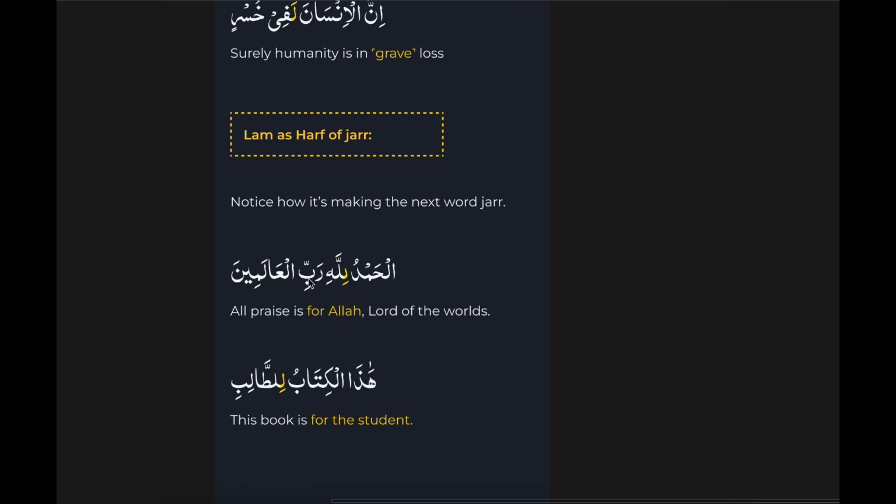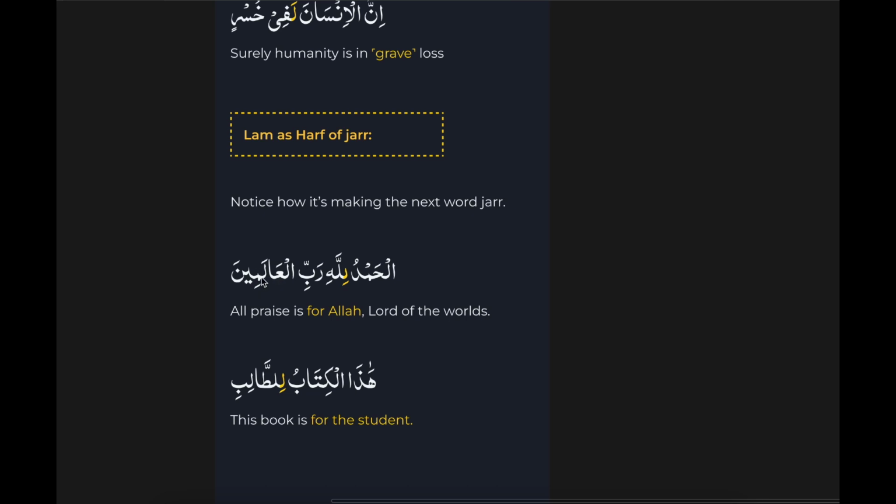Rabbil alamina. Can you tell me the grammar between these two words? Do you remember mudaf mudaf ilay? What is the condition for a word to be mudaf? It cannot have al and it must be light. Looks like the word Rabbi does not have any al in the beginning and it is light. So maybe it is a mudaf if the next word is mudaf ilay. For something to be mudaf ilay, it needs to be jar. Alamina, like muslimuna, muslimina.